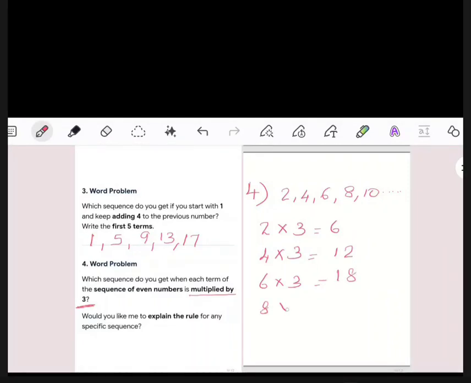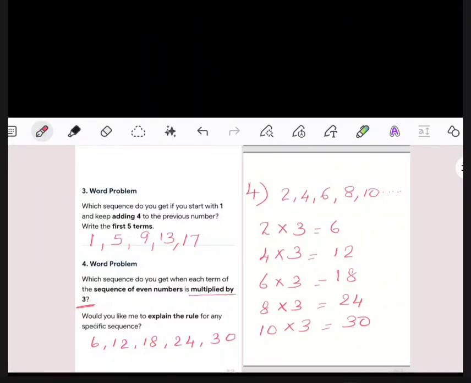Next, 8 into 3, 24. 10 into 3, that is 30. From this, we get the sequence 6, 12, 18, 24, and 30.